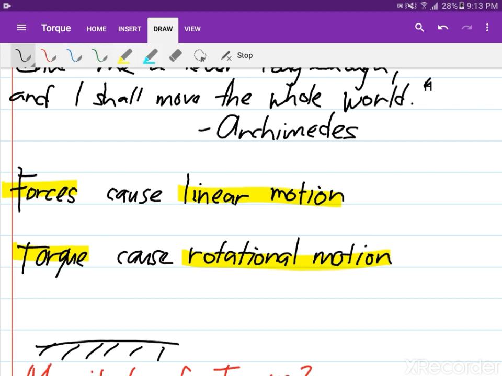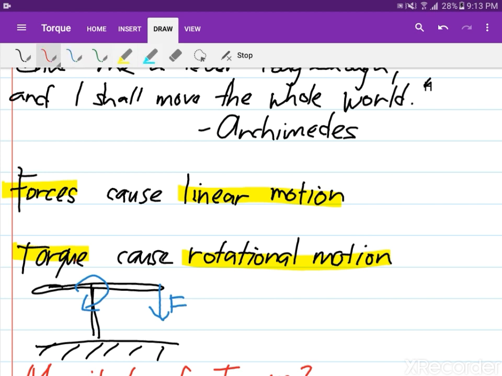So, for example, if we want to describe how this balance beam is to rotate in this direction, of course we know that it will rotate if a force is applied in this direction.